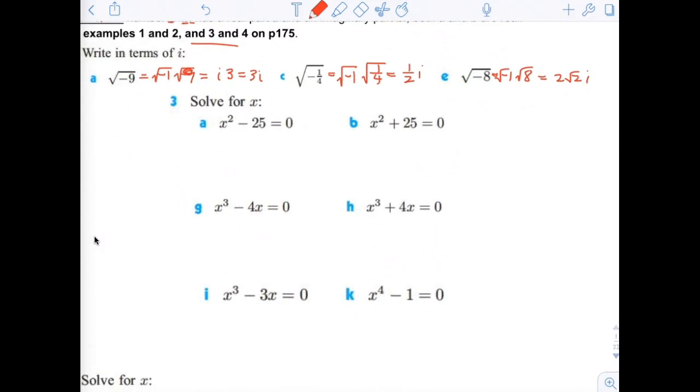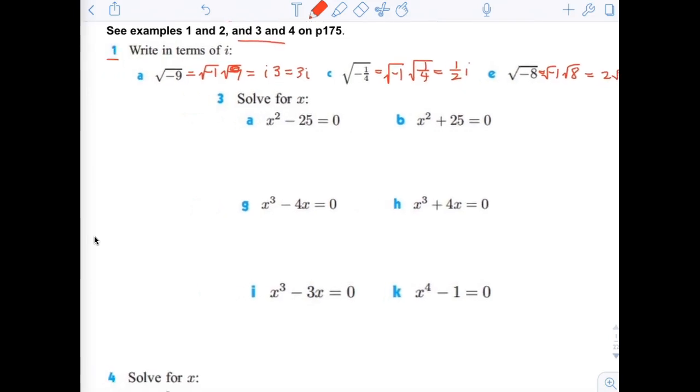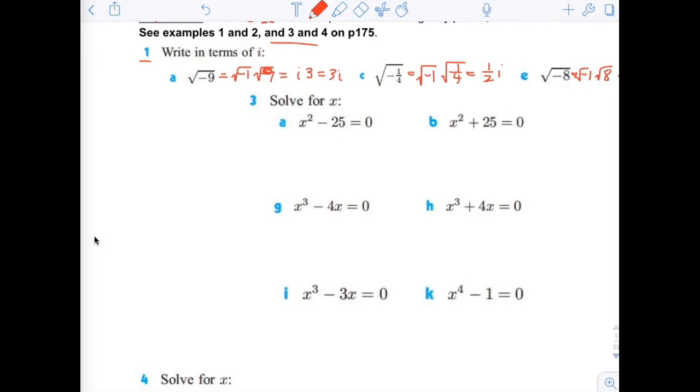Solve for x. Okay. So we have x squared minus 25 equals 0. There's a couple ways you could do this. One of the ways is you could say, okay, x squared equals 25. Take the square root of both sides, and you get x equals plus or minus the square root of 25, which is equal to plus or minus 5.